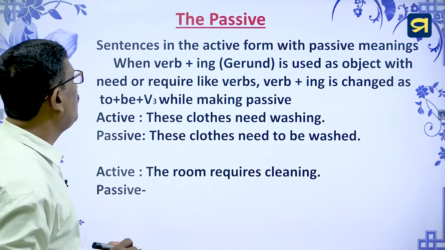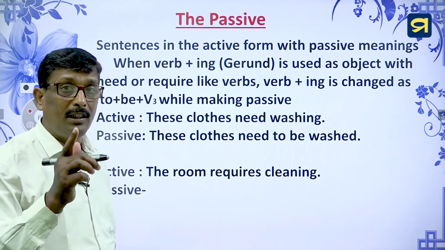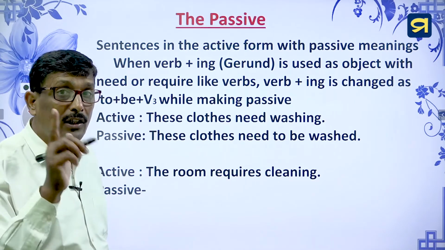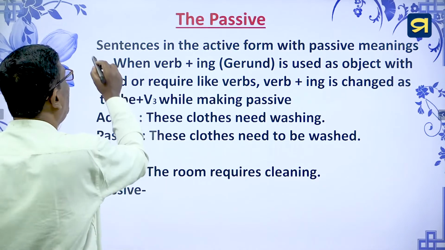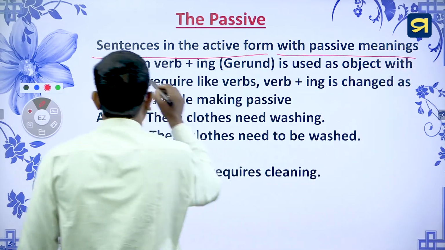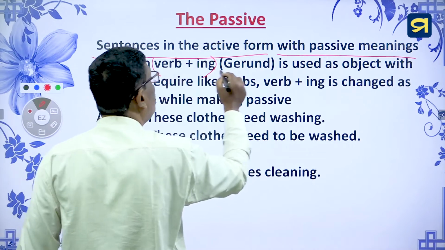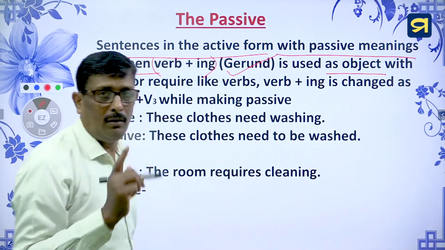Dear students, right now we are going to discuss the passive form of other sentences, when a gerund is used as the object of the sentence. Sentences in active form with passive meanings, when V-ing, that means a gerund, is used as an object. What is a gerund?